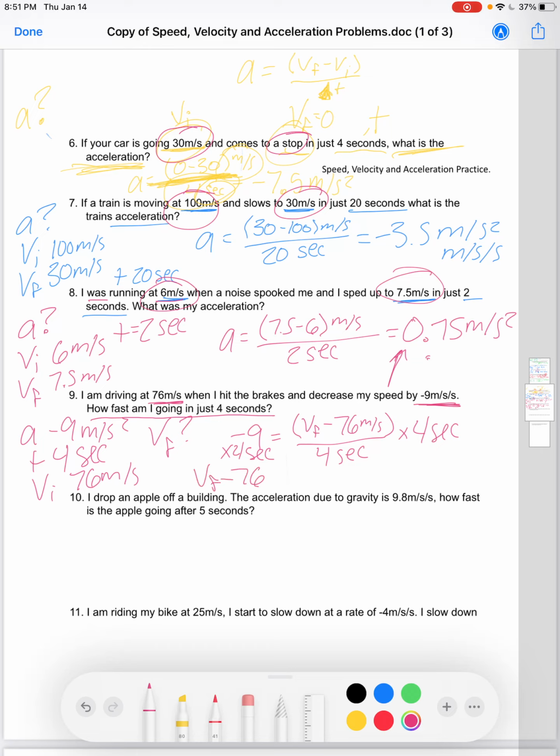I'm going to have velocity final minus 76, so these cancel, right? Equals negative 36 and then I can add the 76 to both sides.